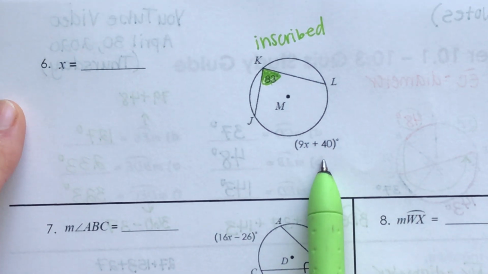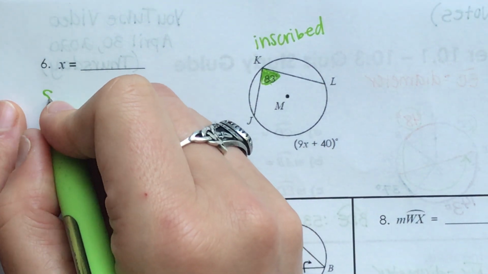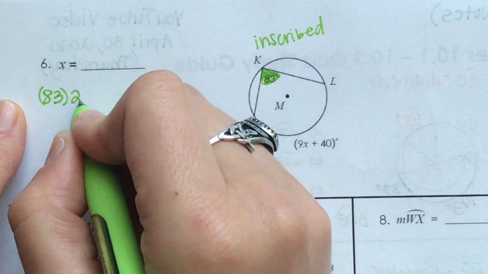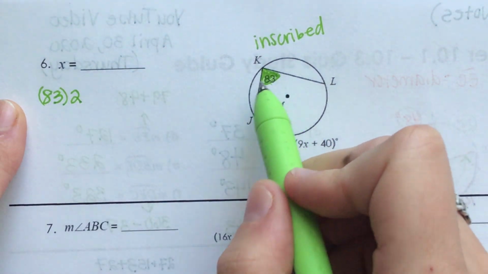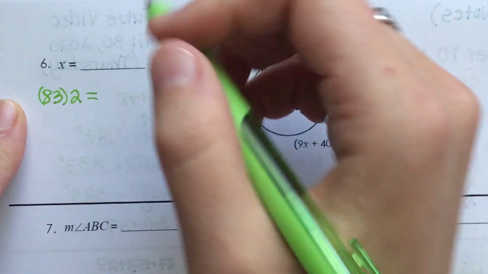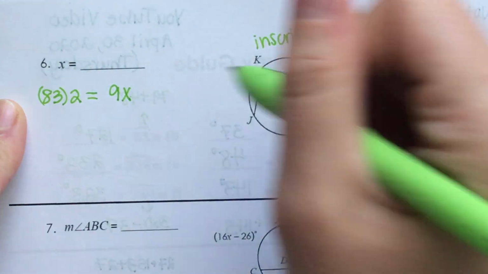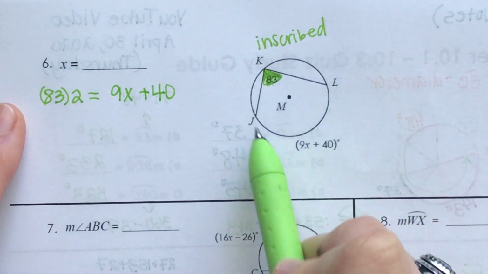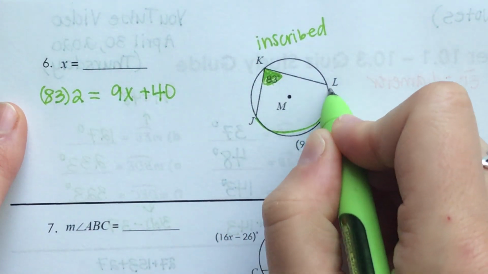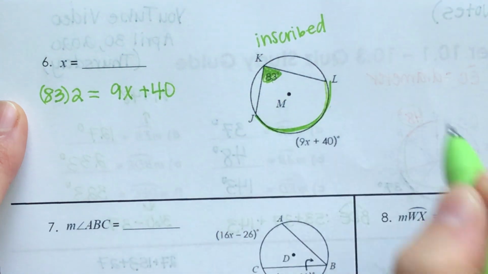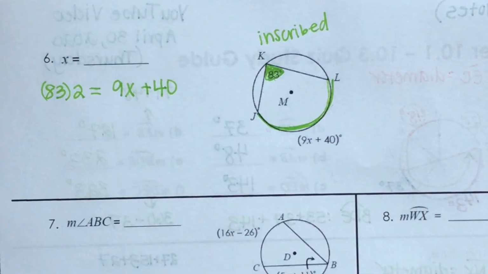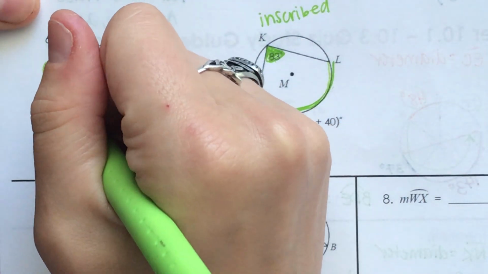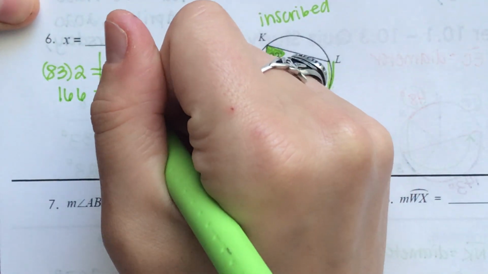So here's how I'm going to set it up. If I multiply 83 degrees times 2, if I double that, that should give me 9x plus 40. That should give me this arc measure over here. So now I'm just going to solve it like an algebra problem. 83 times 2 is 166.